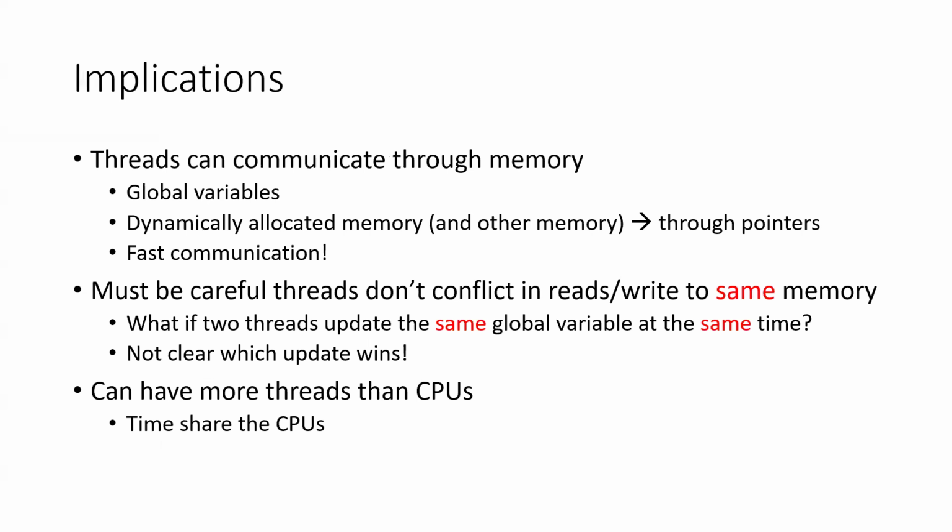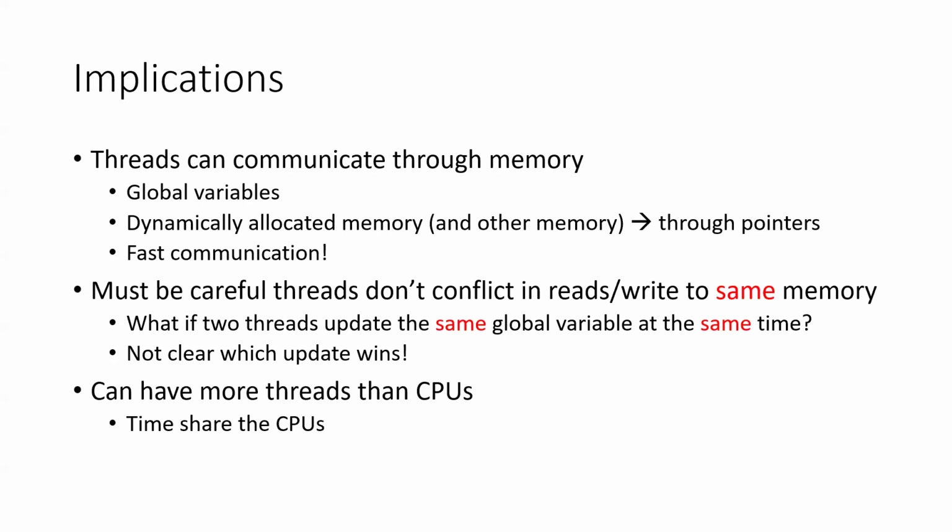This implies the threads can communicate effectively through memory if you design it in a proper way, because all of them can see the global variables and the dynamically allocated memory. So you can achieve very fast communication.